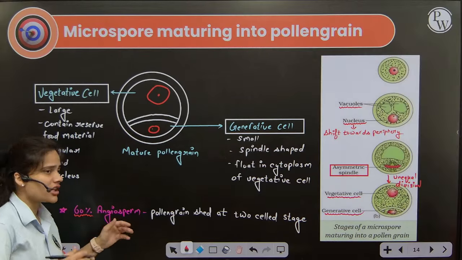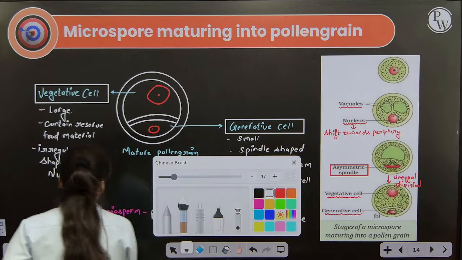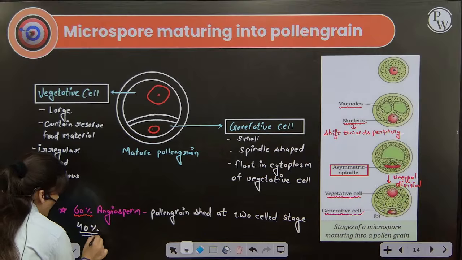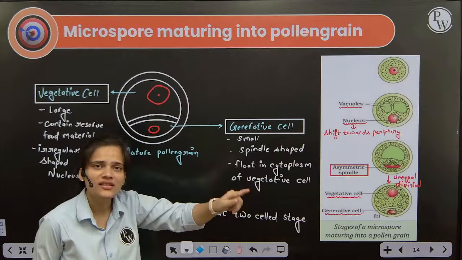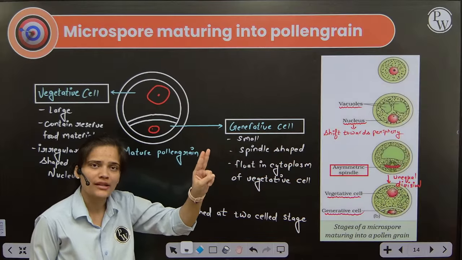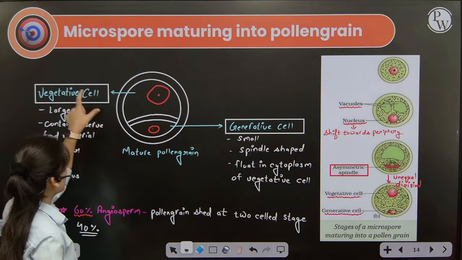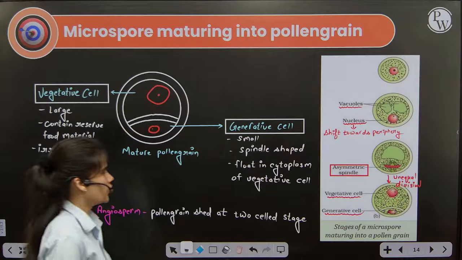Then what about the remaining 40%? In the remaining 40%, the generative cell undergoes mitotic division and forms two gametes. Then how many cells are there in total? Two gametes plus this vegetative cell. Is this clear? Okay.